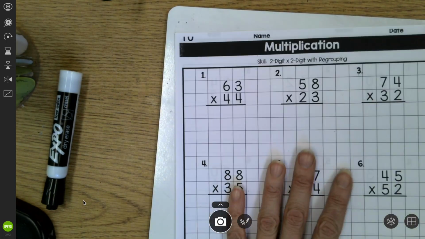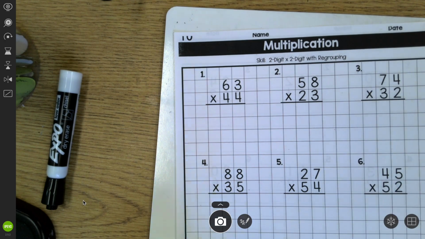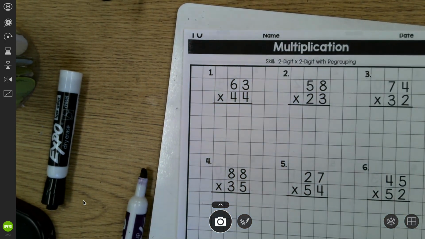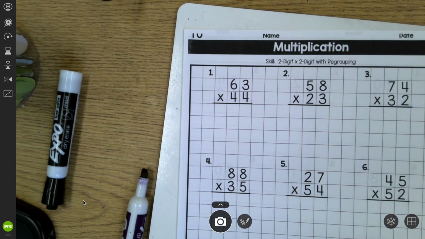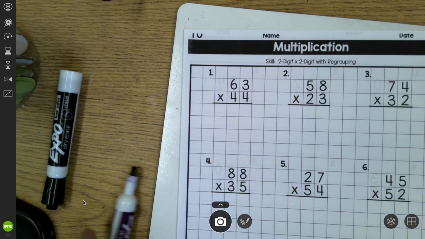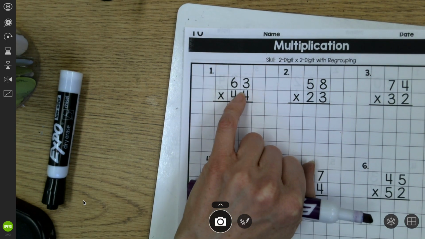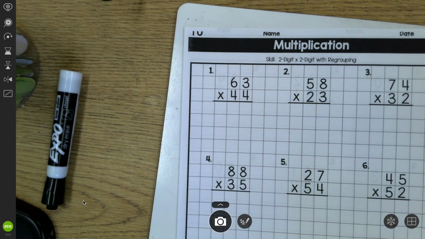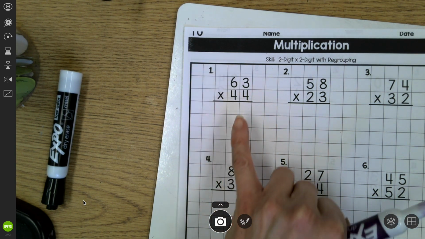So we've learned to multiply two-digit by two-digit numbers using partial products and area models. Today, we are going to continue learning to do so using the standard algorithm. So our success criteria is I can multiply two-digit numbers using the standard algorithm.